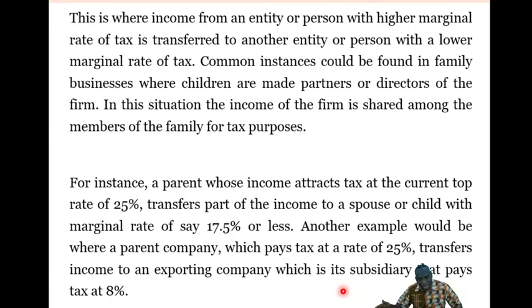So the less you earn, the less you pay. The more you earn, the more you pay. By aggregating the income, you will fall into a higher marginal tax bracket, so the more you pay. But by splitting it, the less you pay. That is for example, a sole proprietor.